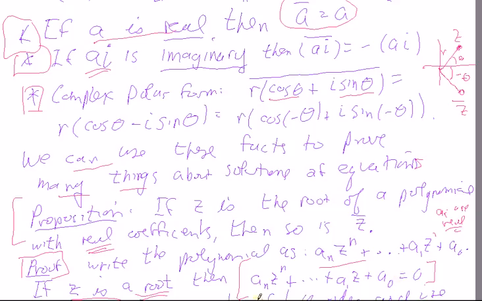And I'll use the rules above to simplify. So for instance, what is the complex conjugate of a sub n times z to the n? Well, the complex conjugate of a sub n is a sub n, because a sub n is real. The complex conjugate of z to the n is z bar to the nth power. That's what I just showed up here.